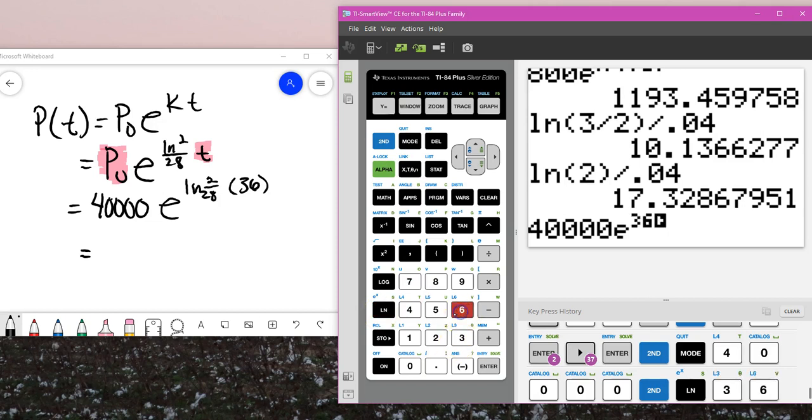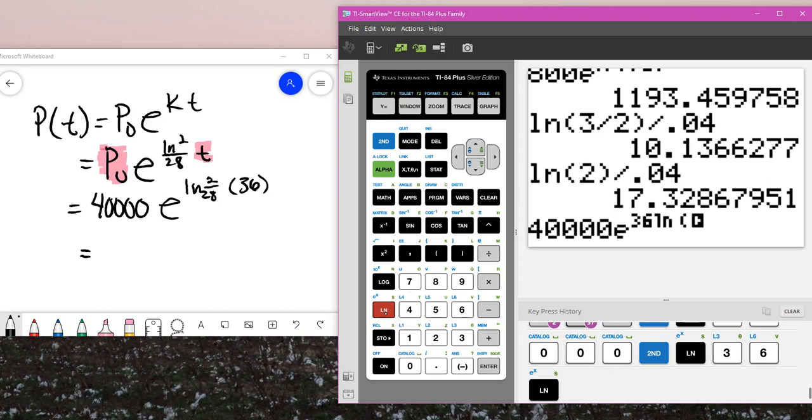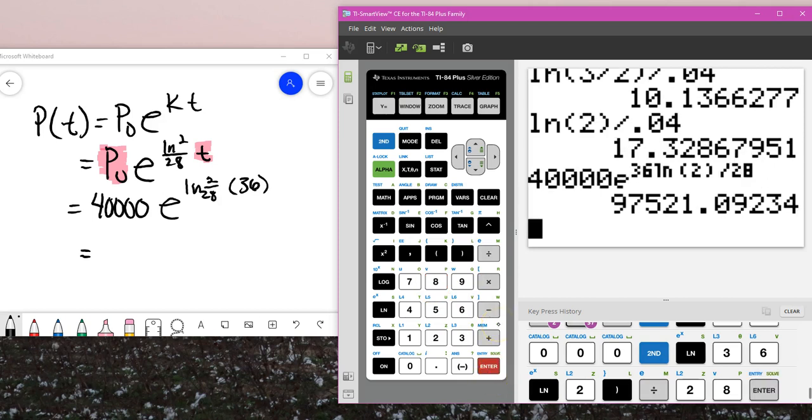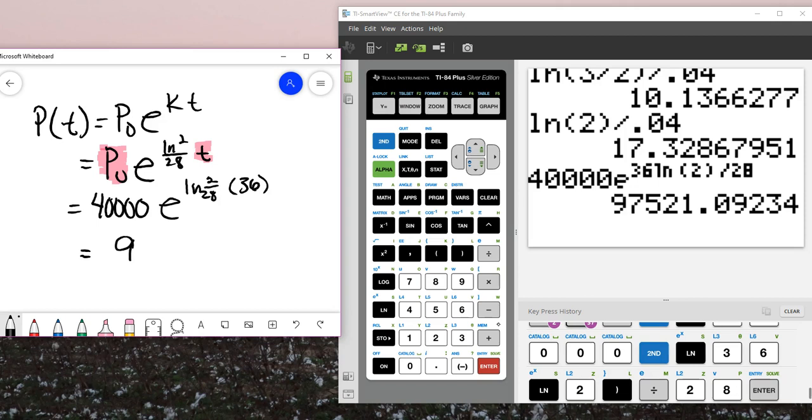It's a little bit easier if I type the 36 first instead of last. Natural log 2 over 28. And that's 97,521, and I'll round to the nearest whole number.